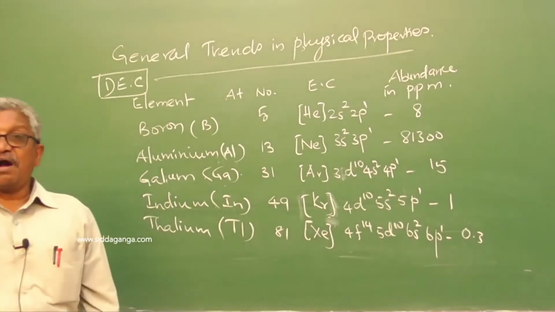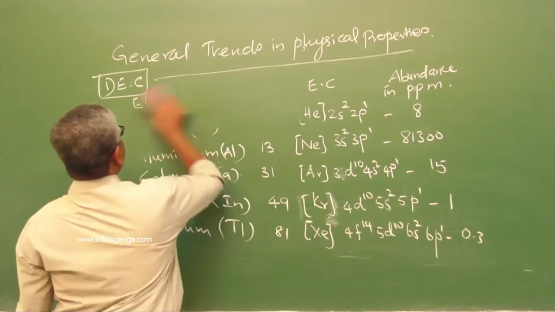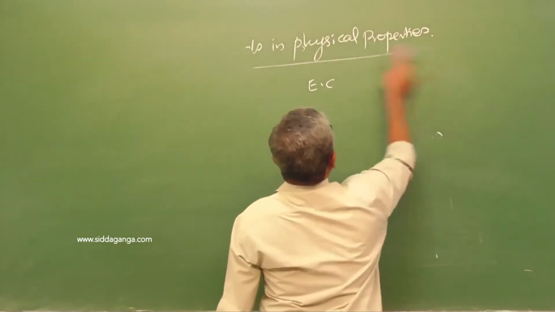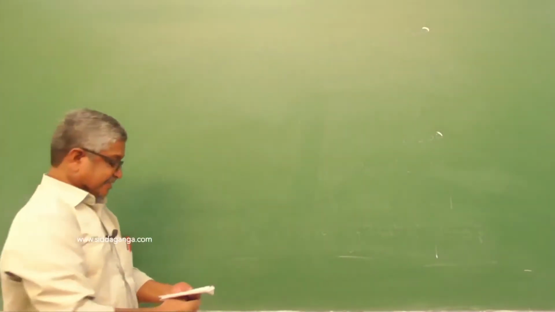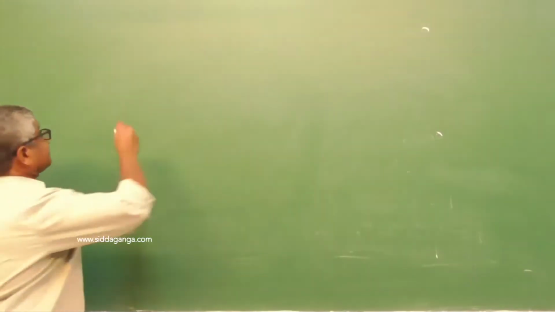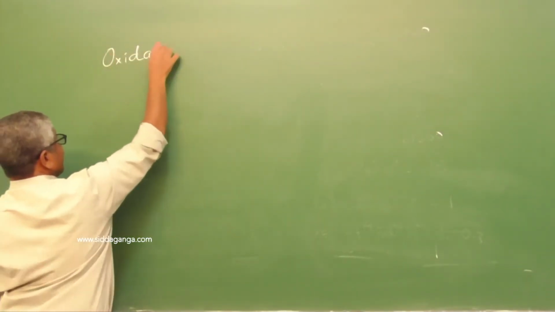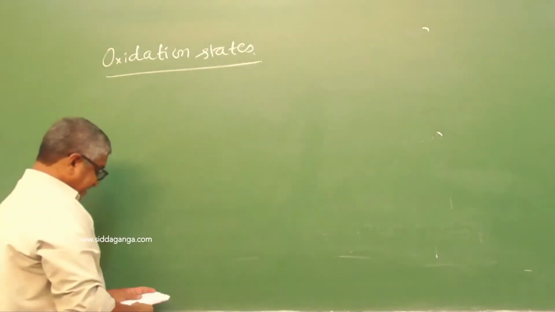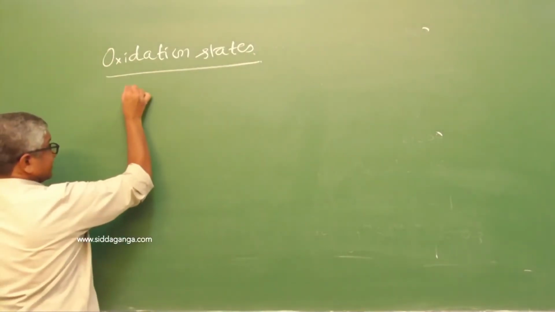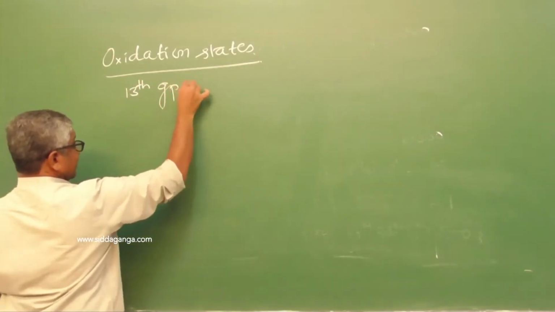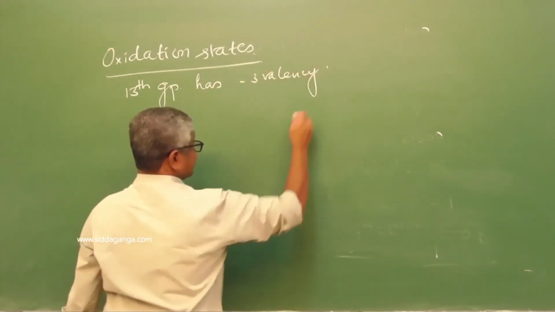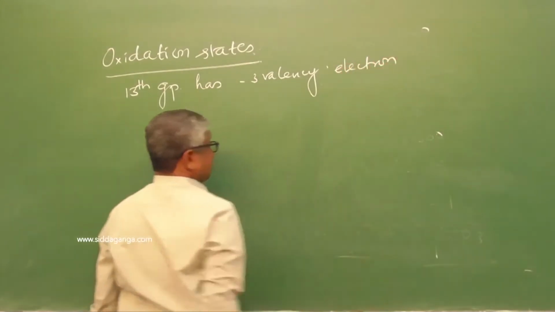Next is oxidation state. The 13th group has 3 valency electrons.